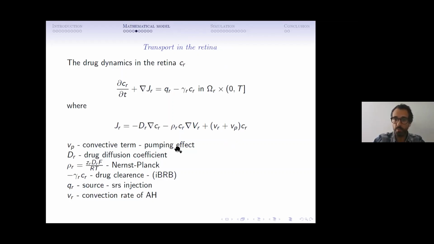VP is responsible for the pumping effect. So in this case, our JR is defined by these three terms, where I have the summation of two parts. One part is the normal velocity given by the flow of aqueous humor, and the other is responsible for the pumping effect.